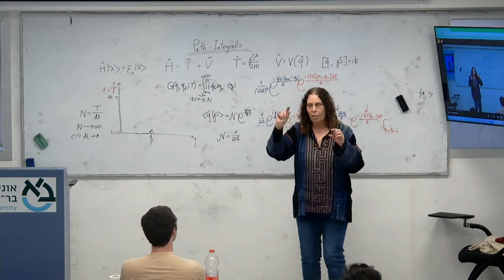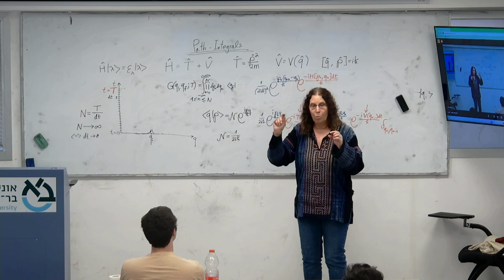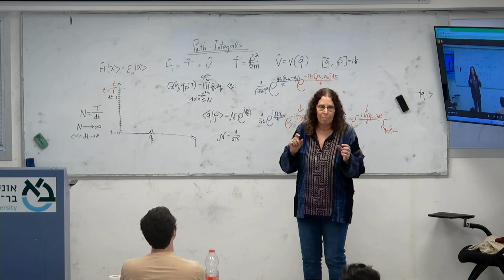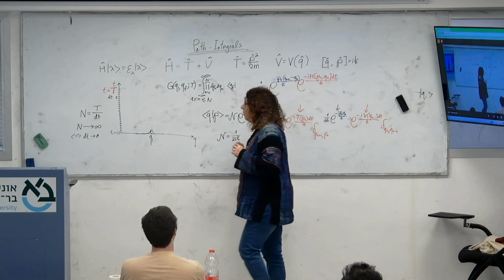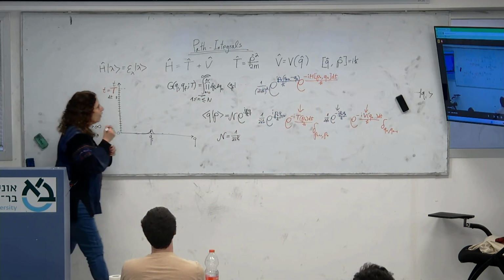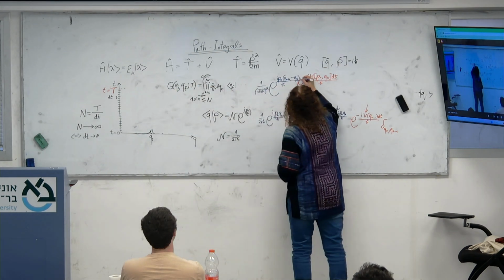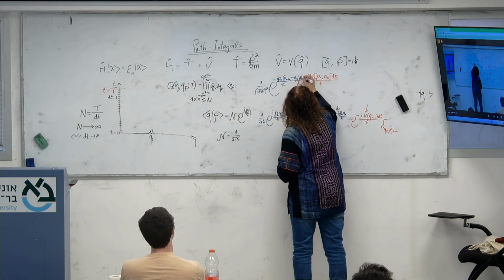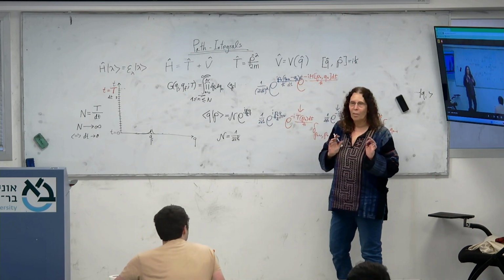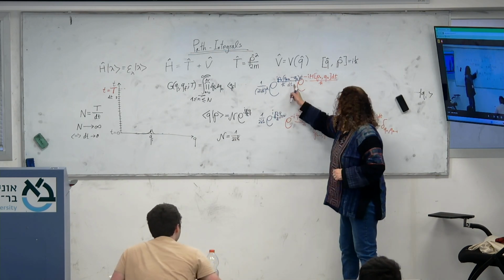It's the change in the coordinate between two time steps separated by dt, right? So I can do the following trick. I can multiply it by dt and divide by dt. Okay, I didn't change anything. You get the derivative. Exactly.